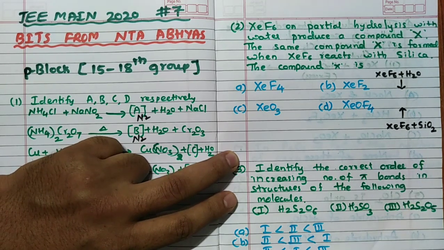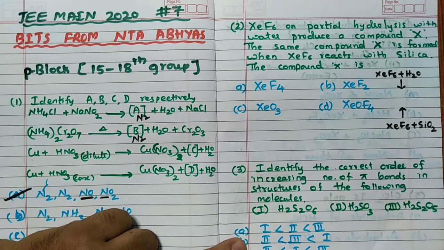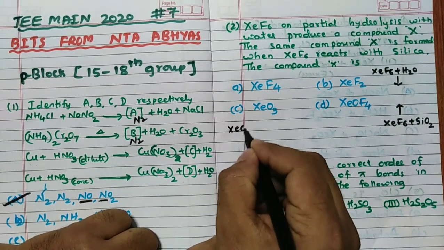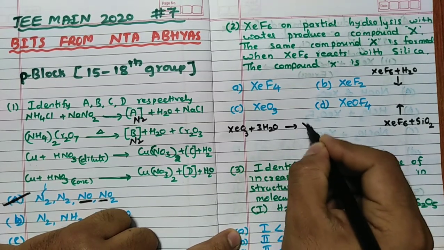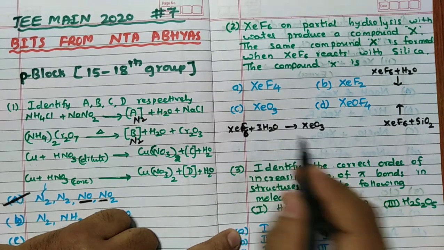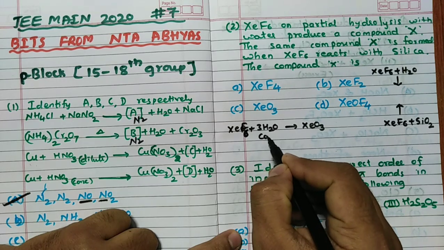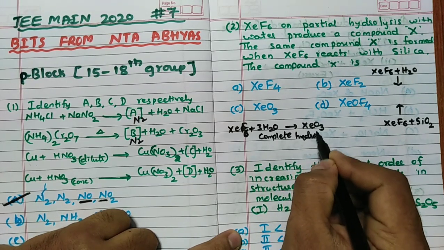Silica is SiO2. There is no other shortcut for this, but I will give you a hint: XeF6 reacts with 3 water molecules forming XeO3. This we call complete hydrolysis. Complete hydrolysis, remember.